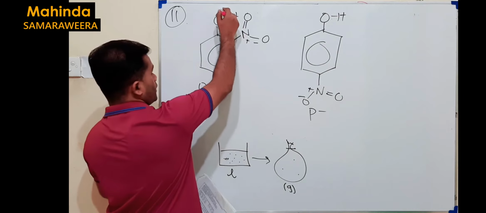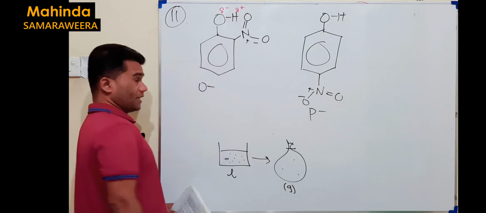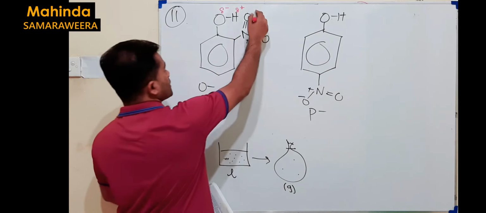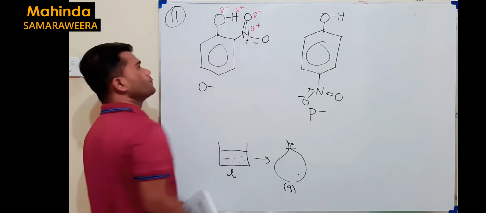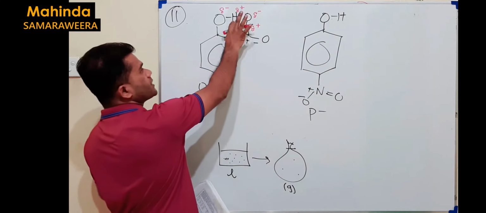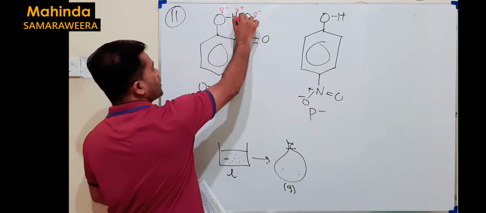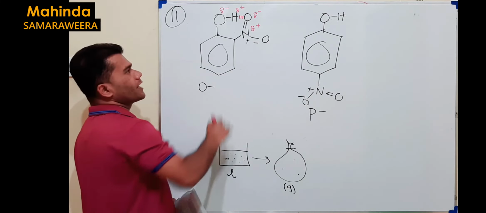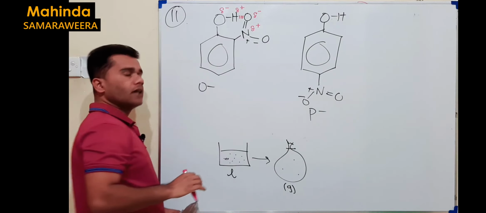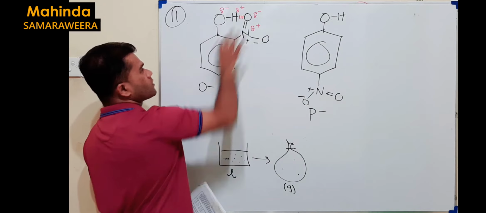But how can we understand it? If you carefully look at this OH group, you can see it's polarized, delta plus, delta minus. This NO bond is again polarized like this. Since there are two oppositely charged poles, there can be an attraction between these two. You can identify that bond as a hydrogen bond, because this hydrogen is found between two oxygen atoms.